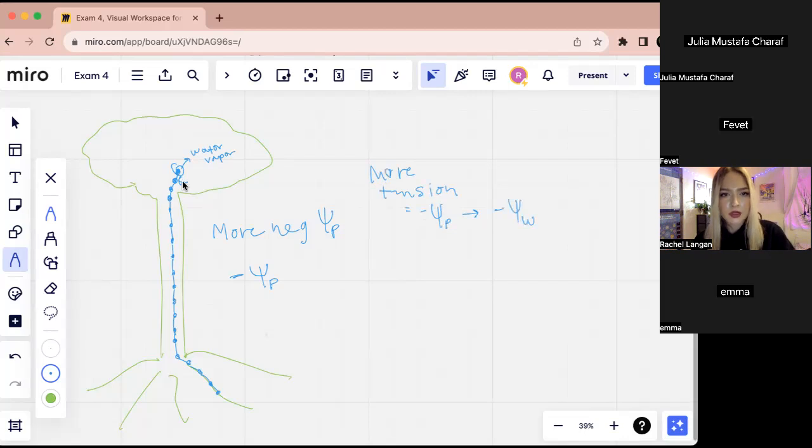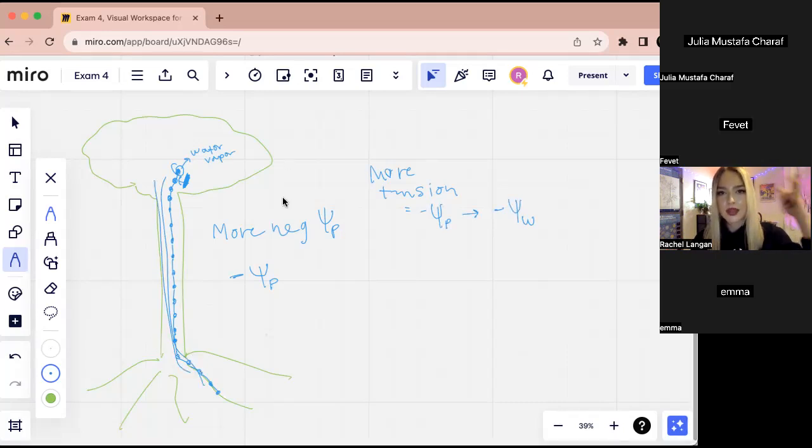So the more and more tension there is, the more and more pull we're getting from up here, the more negative pressure in all of these cells, and that causes a lower water potential in all of those cells.